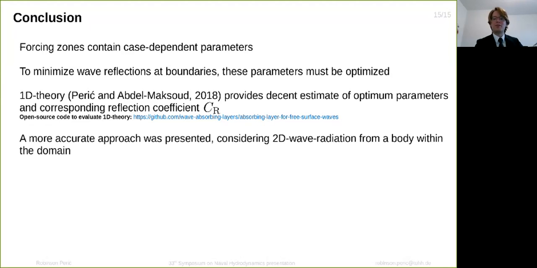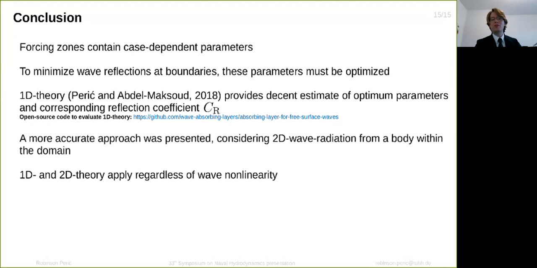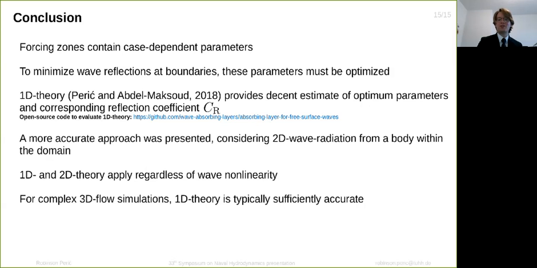We also devised a more accurate analytical approach to consider the 2D waves radiated from a body within the domain. We found that both the 1D and 2D theory apply regardless of the wave nonlinearity, basically. And for complex 3D flow simulations, we find that typically the 1D theory is sufficiently accurate.